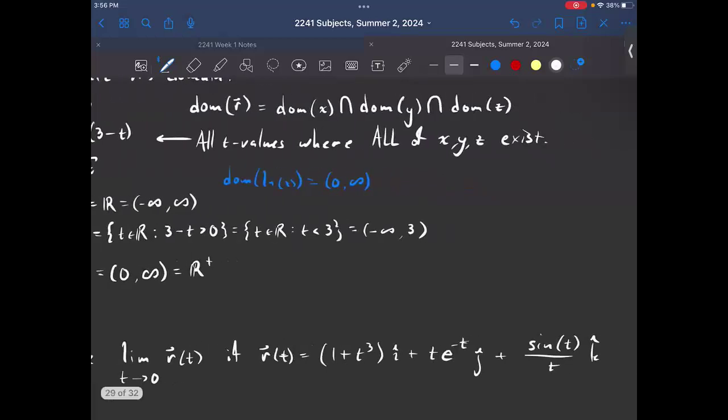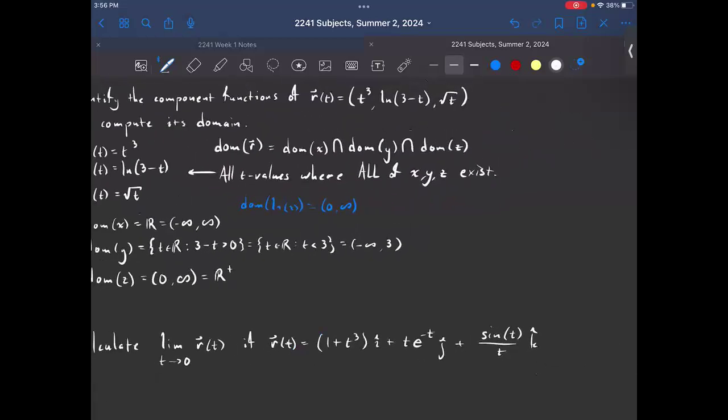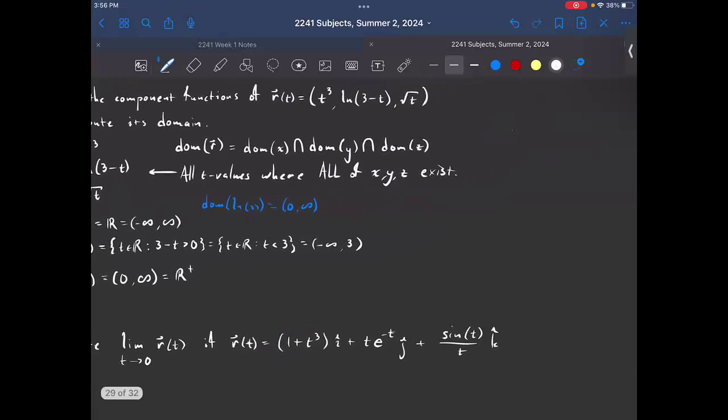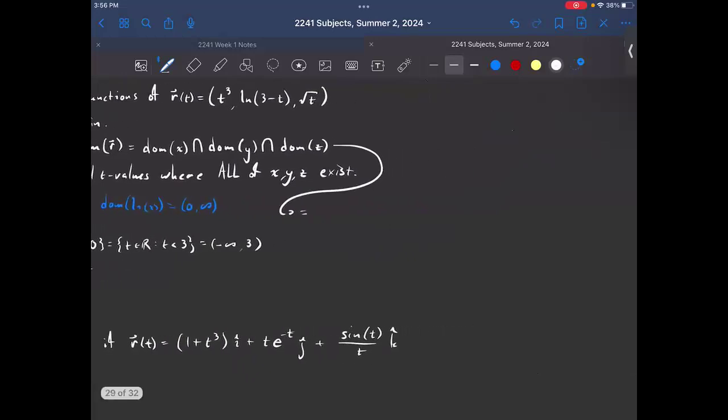Okay, and then using these, we can compute our domain of the vector function. It's just going to be the intersection of all three of them. So let's bring this down here. And we'll finish down below.